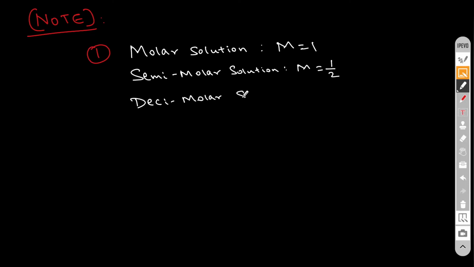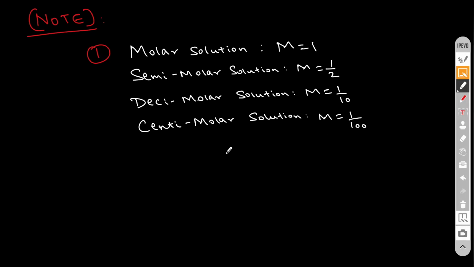If decimolar solution is given, then molarity is 1 by 10. Similarly, when centimolar solution is given, then molarity of the solution is 1 by 100. And when millimolar solution is given, then molarity will be 1 by 1000.